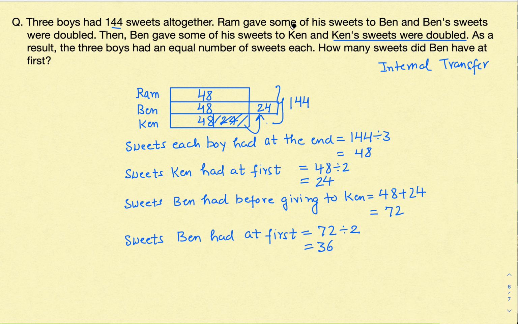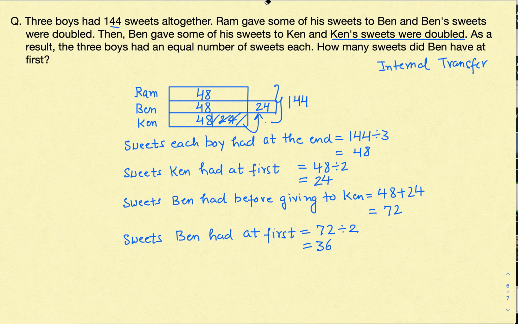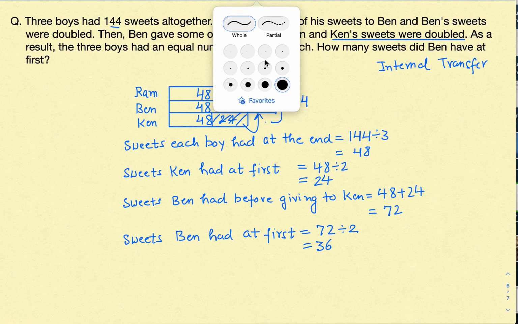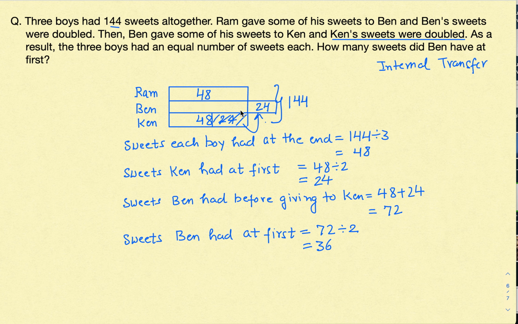So basically, if we want to see it on the model, I can show it. Before getting any sweets from Ram, he had 72 sweets, right? And we know that after receiving the sweets from Ram, the number of sweets Ben was having doubled.